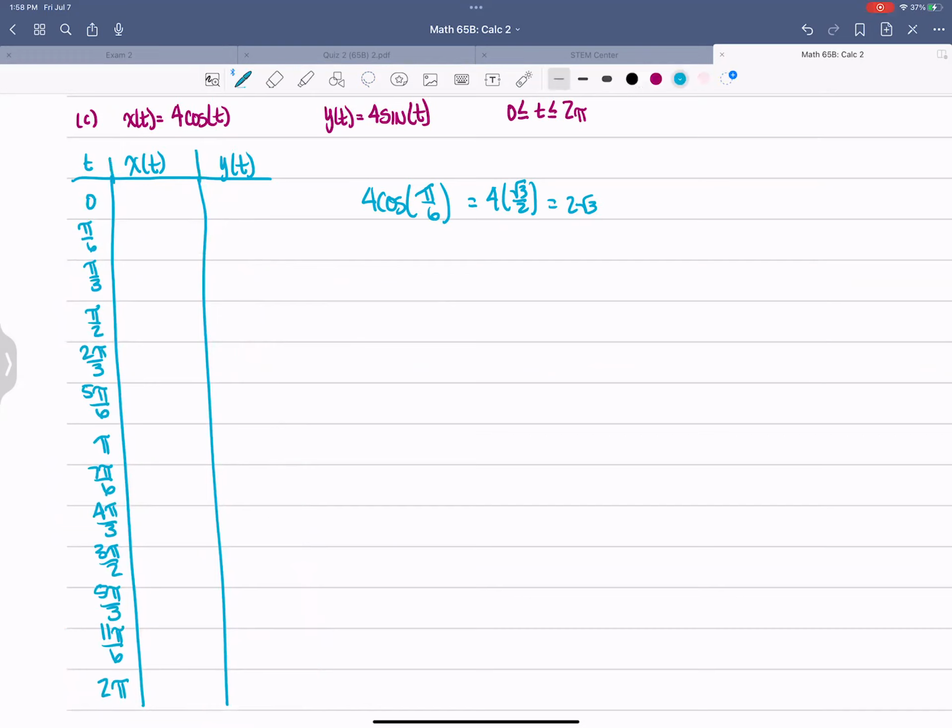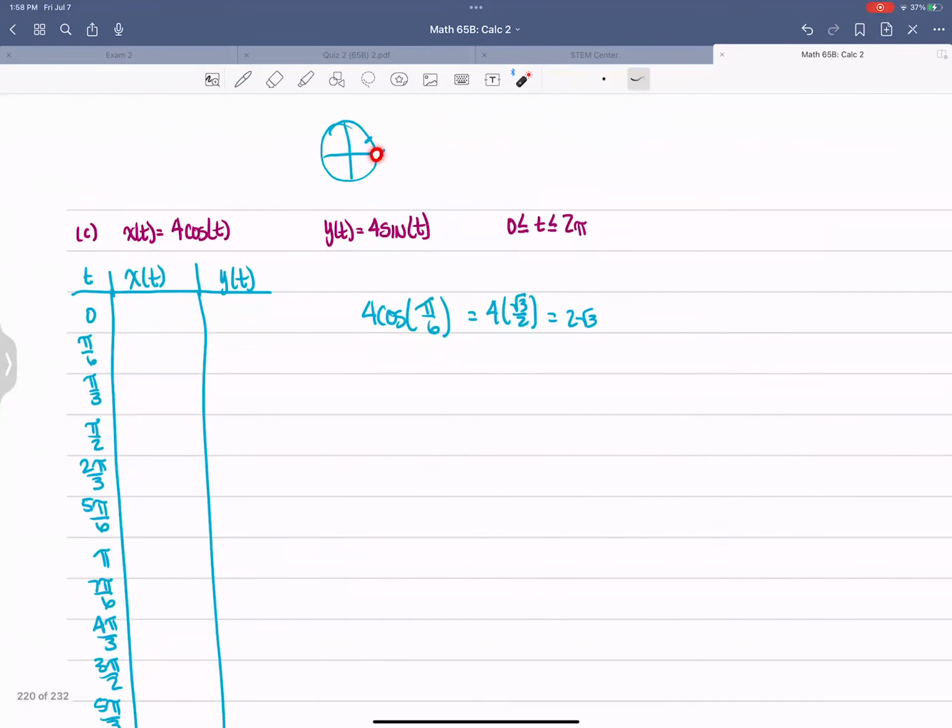So 0, cosine of 0 is 1. 1 times 4 is 4. And here we have our 2 root 3. And next, let's do pi thirds. So pi over 3 is going to be this value up here.